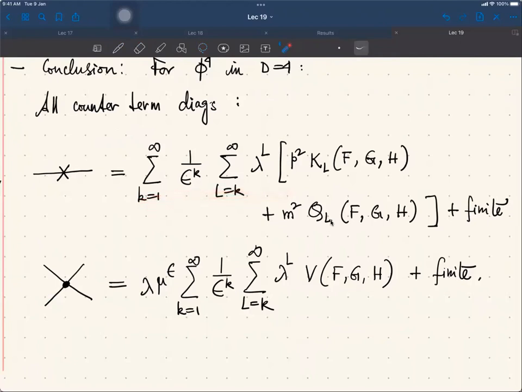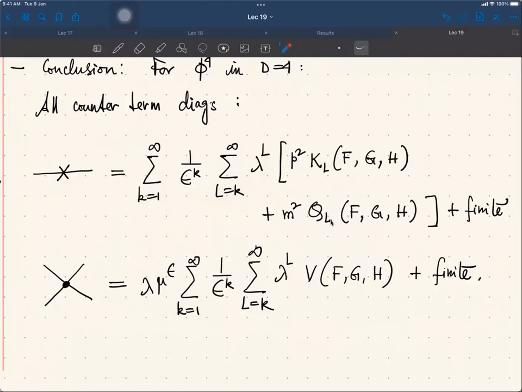If you check, the value of L, for example, is k, k plus 1, k plus 2, up to infinity. So if you fix the value of L, then you can calculate the corresponding values of k. So k will be 1 to L. If L equals k, it will be 1 over epsilon to the power L. Then there is a term L equals k plus 1.